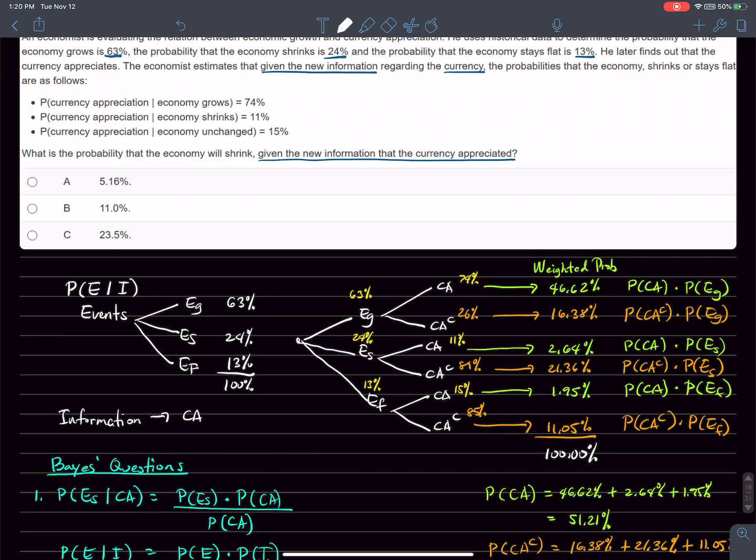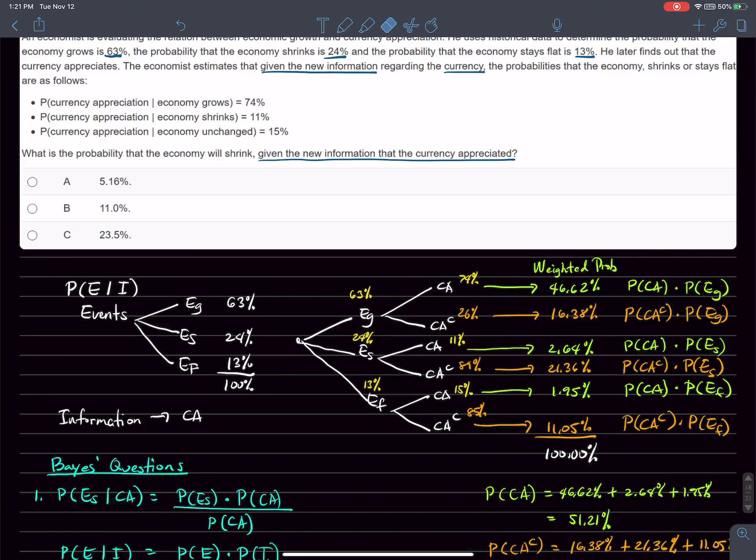So we'll plot the probability of the events: economy grows, shrinks, and stays flat. Total of them 100%. Just plot 63, 24, and 13%.